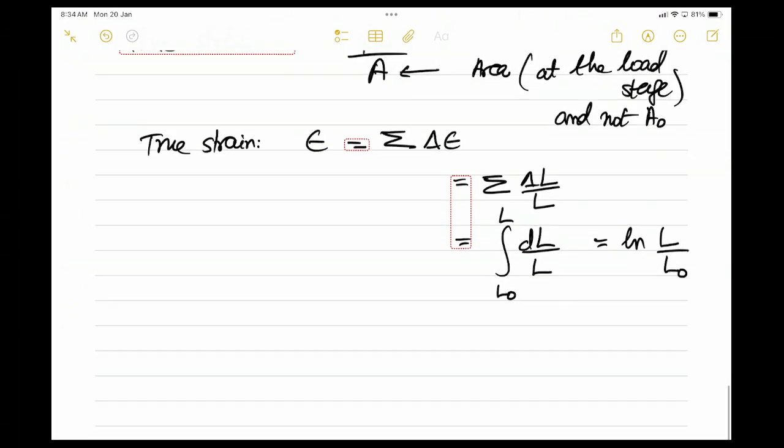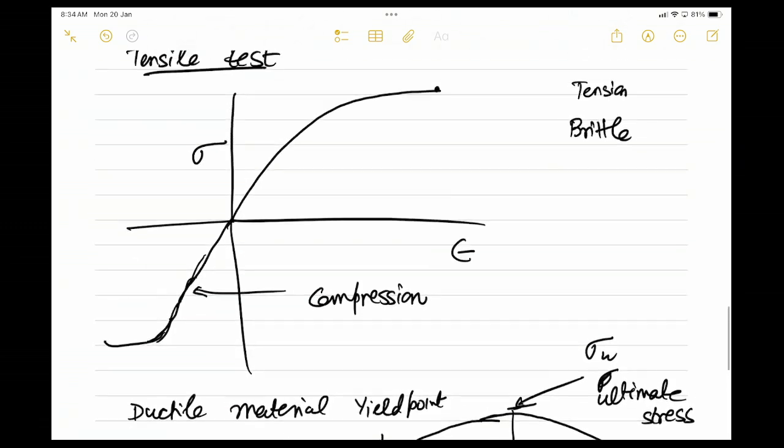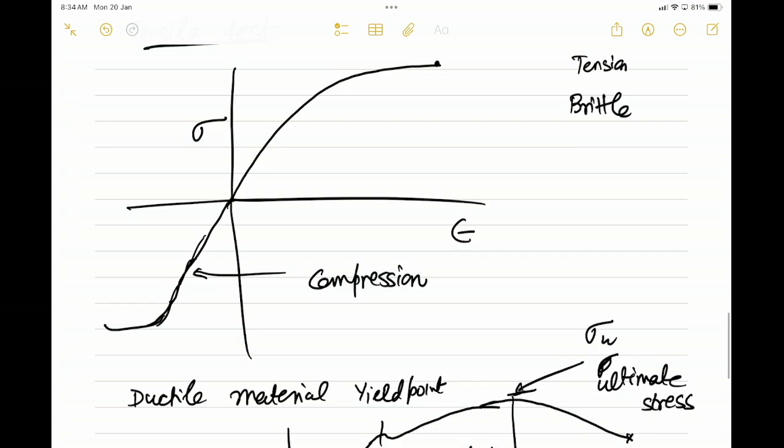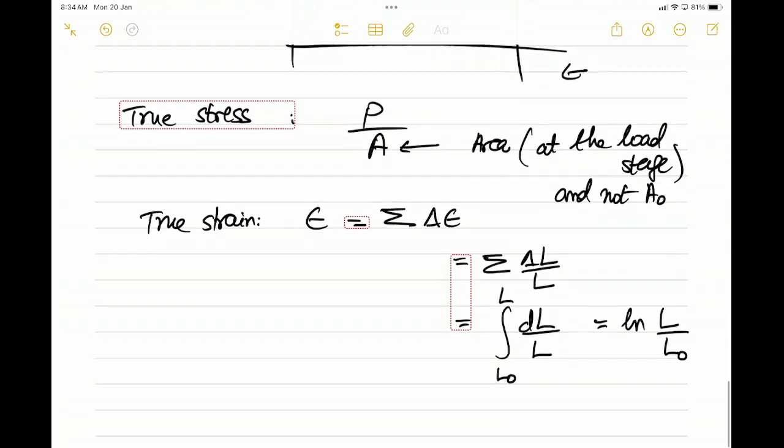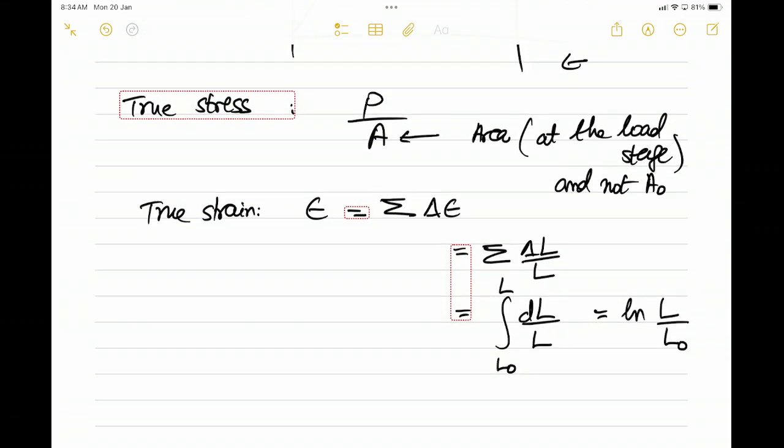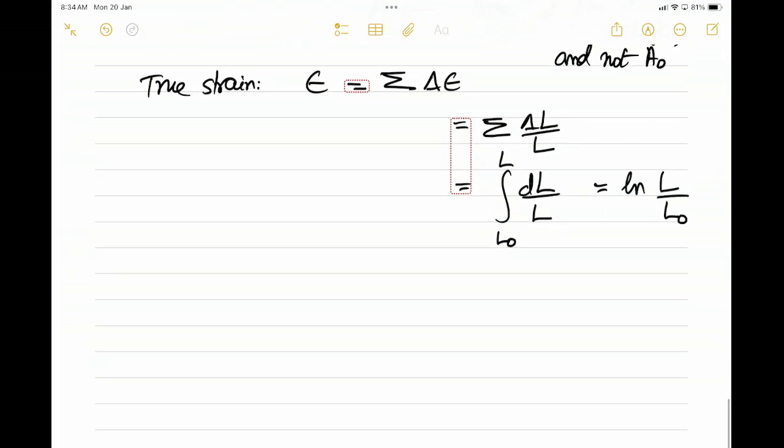Now, whether we have a brittle material or a ductile material, there is an initial portion where the stress behaves linearly with strain. And this relation, by what law do we know it? We know this as Hooke's law, which you have probably seen in your high school physics.